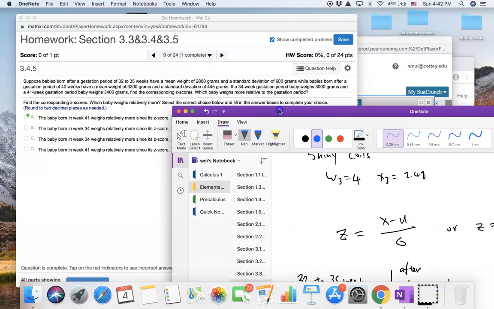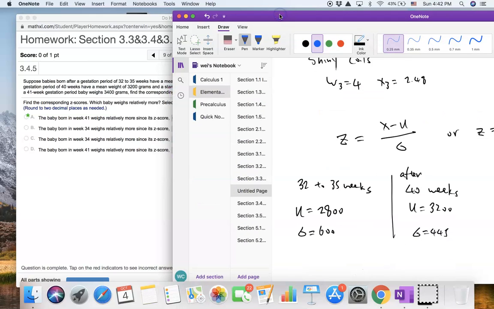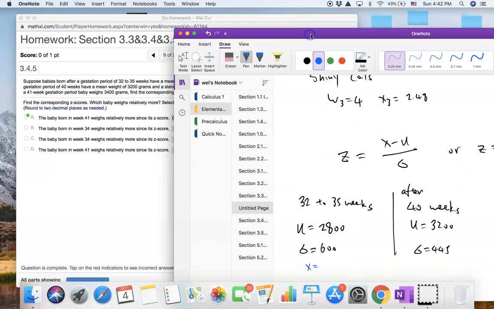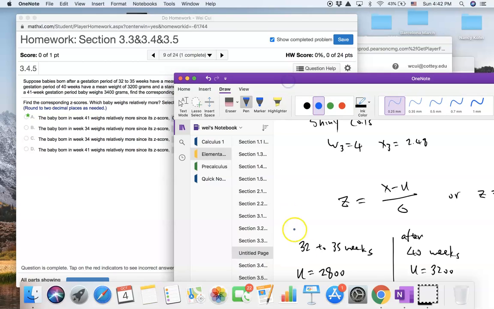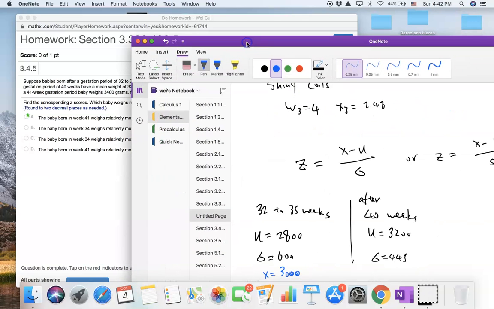So for the 34-week baby, we're going to use this mean and this standard deviation to calculate the z-score, because 34 weeks belongs to this category, and the 41-week baby belongs to this category.